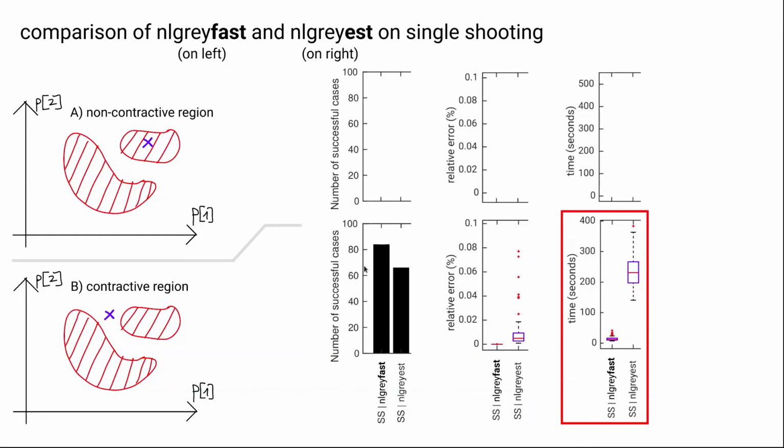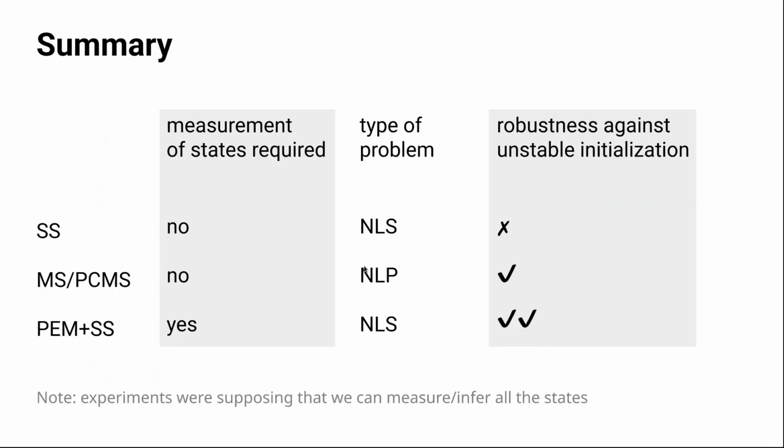But that's a thing that only counts in cases when we want to do online estimation, like combining system identification with MPC and such. As a summary, we have here the PEM plus SS, which is the most robust against unstable initialization, and the multiple shooting type methods were also working but not as robust.